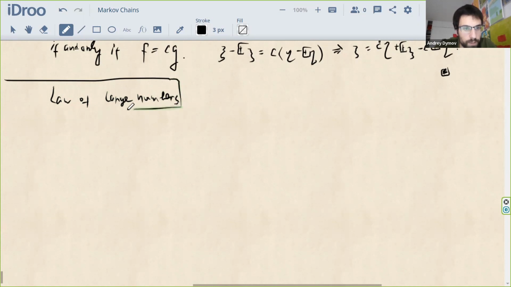My main goal for today is to prove, or at least to start proving, the law of large numbers for Markov chains. Many of you know that the law of large numbers is satisfied once your random variables are independent. It turns out that it is also satisfied when the random variables form an exponentially ergodic Markov chain.